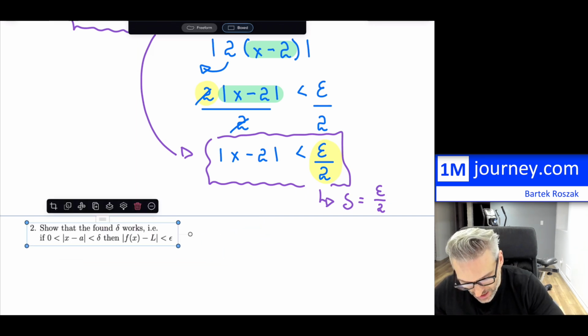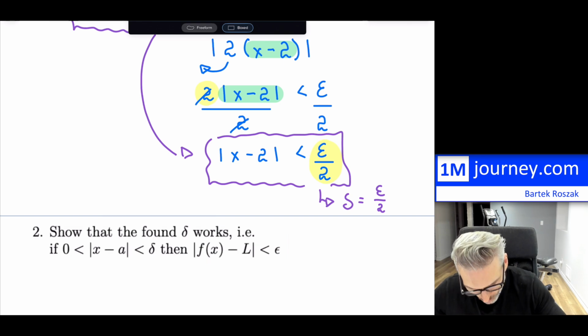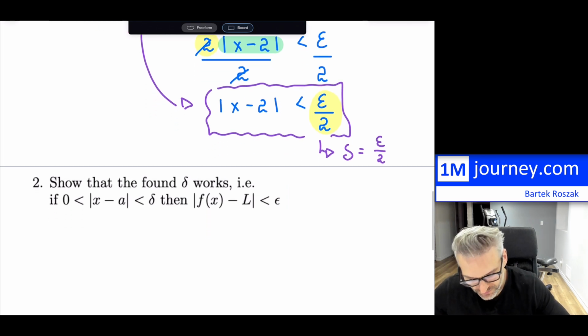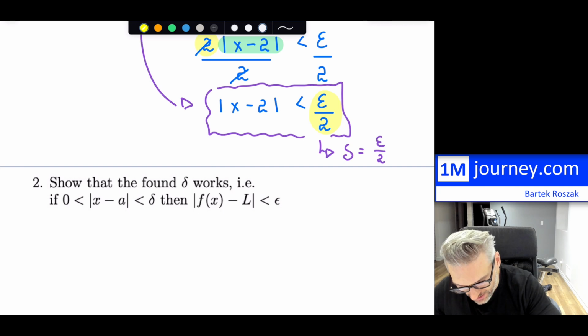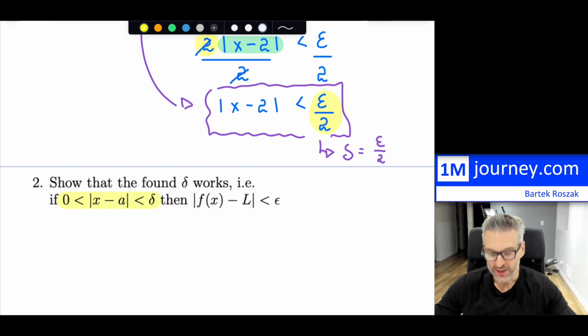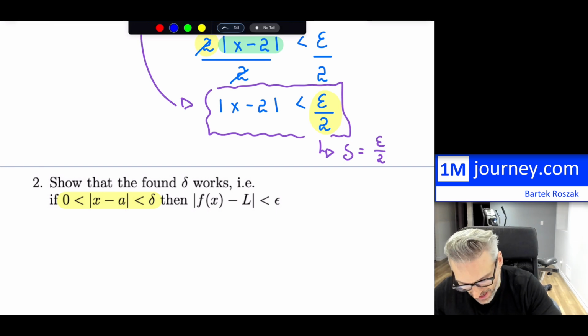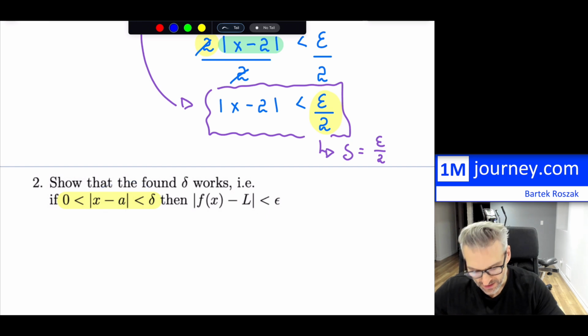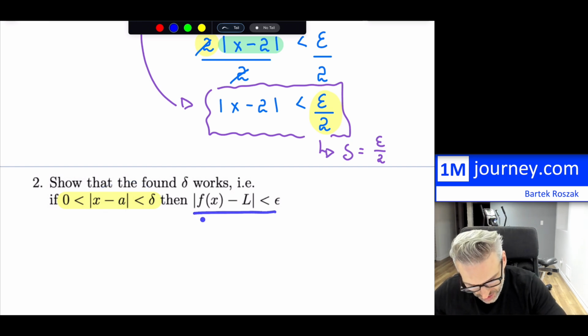So how do you do that? Now this is kind of redundant. However, what you're looking for is this. You want to show that if your x is within this bound right here, then this condition is holding true.